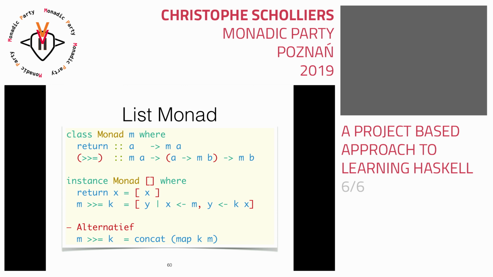So this is all the y's for which it holds that you take x's from the list m, and you take y's from the lists which are generated by applying the function k to this element x. It essentially flattens, you take one element out, like we do from m to x there. Okay, so it's a different thing.